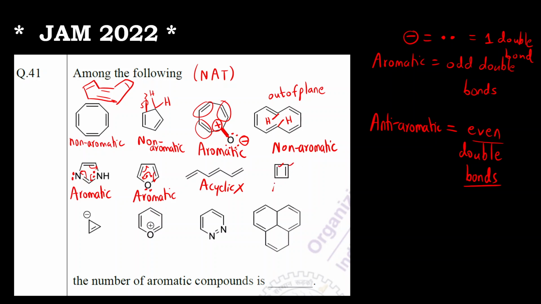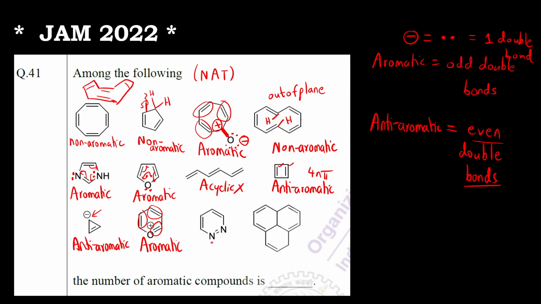That is an even number of double bonds, which means it is going to be anti-aromatic, or we can say it follows the 4n pi electron rule. Now this, if you see again 2 plus 2, 4 electrons, so this is also going to be anti-aromatic. Okay, here 2 plus 2, 4 plus 2, 6. That is 3 pi bonds, so this is going to be aromatic.